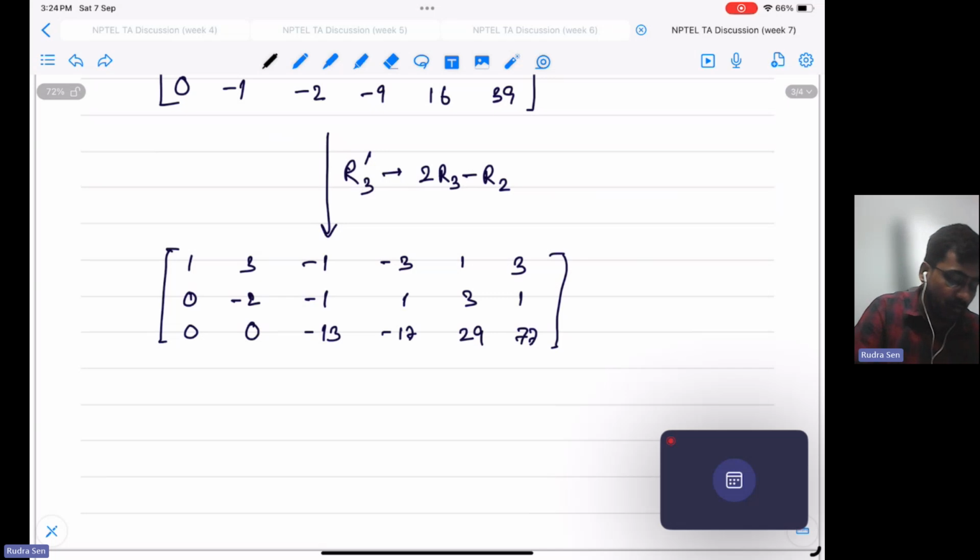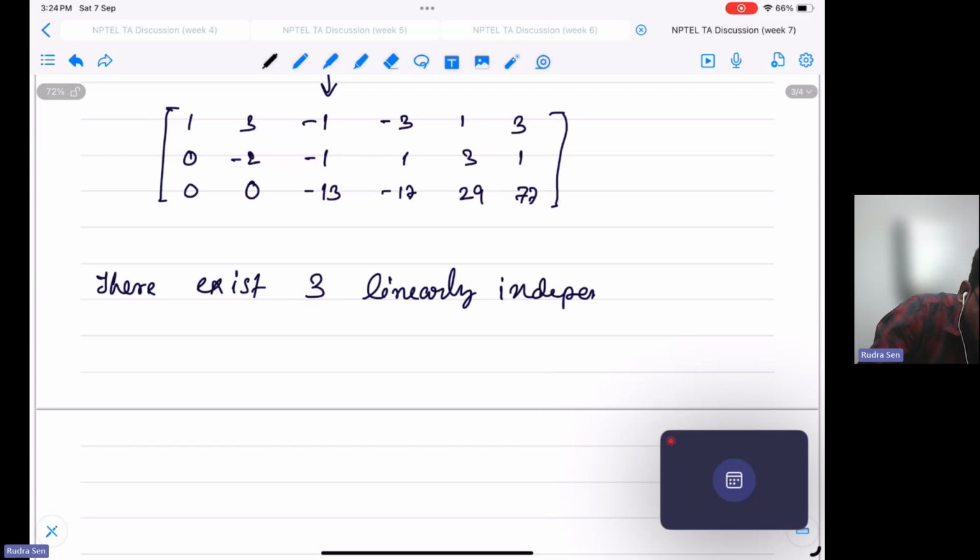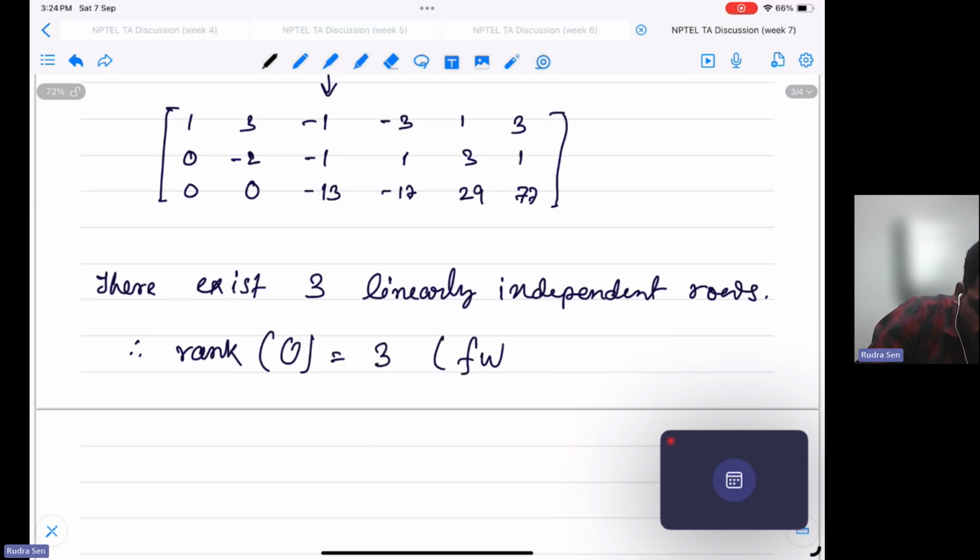Since there exist 3 non-zero rows, there exist 3 linearly independent rows, therefore the rank of the observability matrix is 3, which means it's full rank.